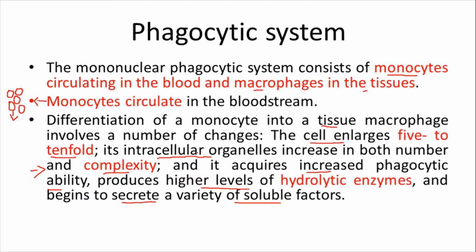The increased number of mitochondria may provide the energy. The increased endoplasmic reticulum is involved in increased protein synthesis. Likewise, hydrolytic enzymes are increased for phagocytosis and digestion. Some soluble factors are secreted to induce cytokine production, interleukins, and other processes.